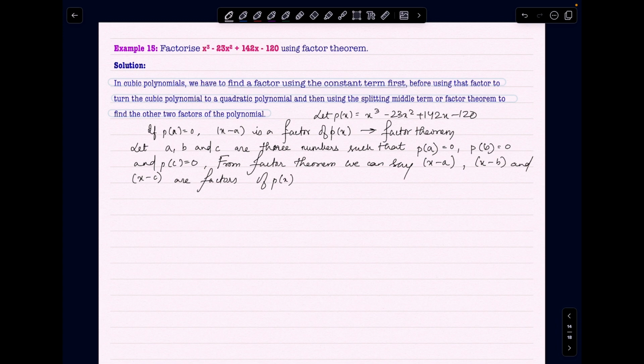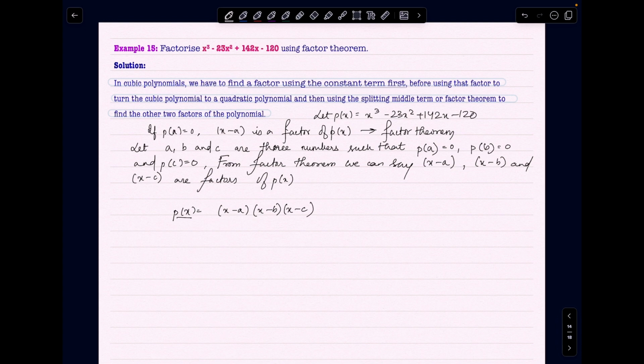I am taking three numbers A, B, C. I am saying that P of A equals 0, P of B equals 0 and P of C equals 0. If this is satisfied, from factor theorem I can say that x minus A, x minus B and x minus C are factors of P of x. So I can write P of x equals x minus A into x minus B into x minus C. Got my point?